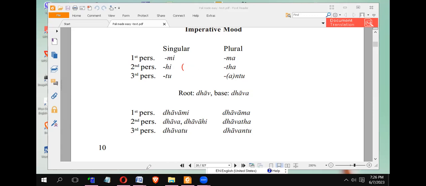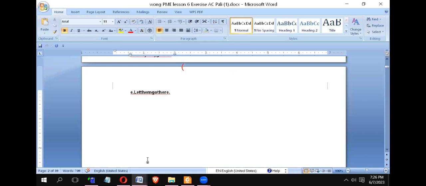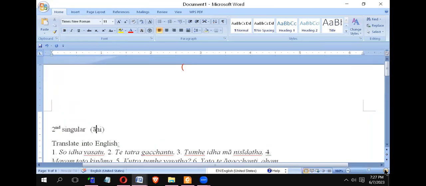That means if the verb is ending with E, then it becomes long A. So for second person singular, you can put an optional long A with he. It's optional, not all the time.